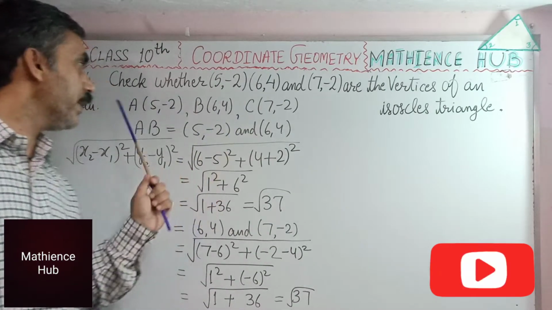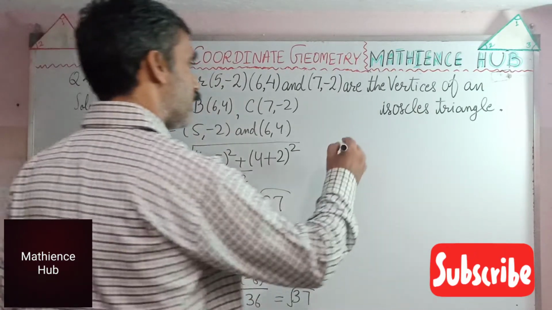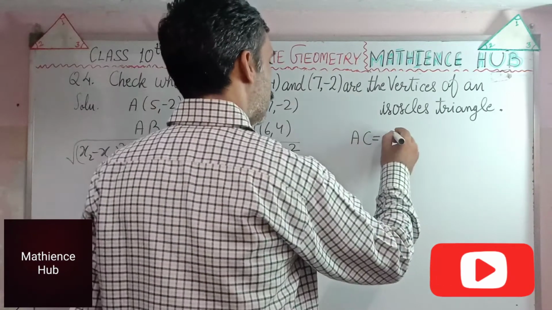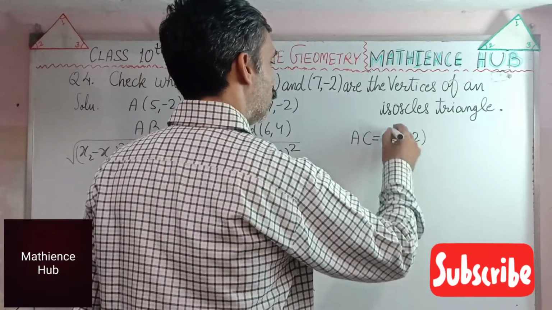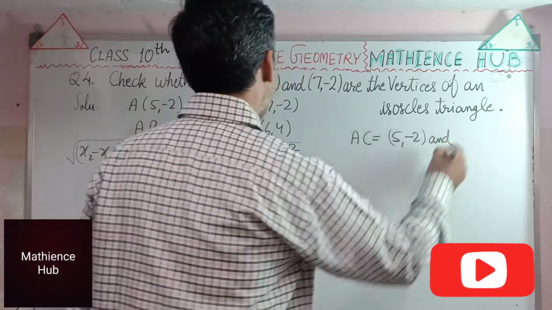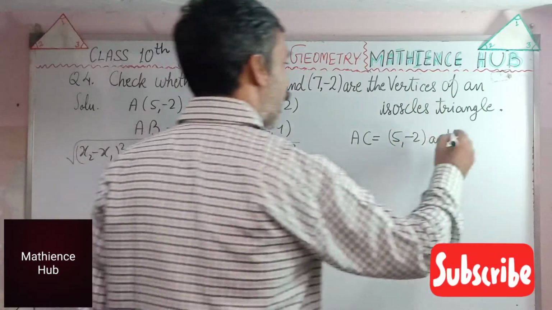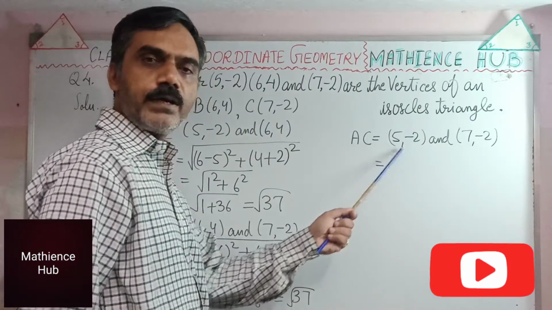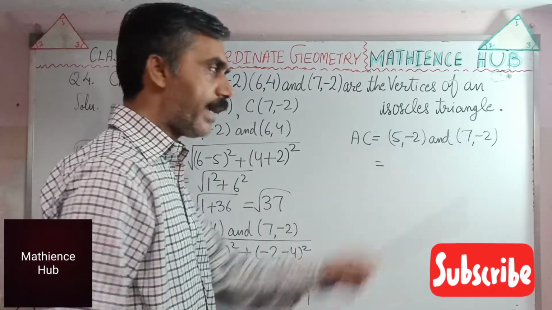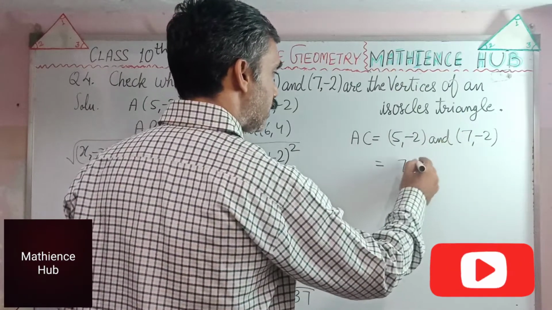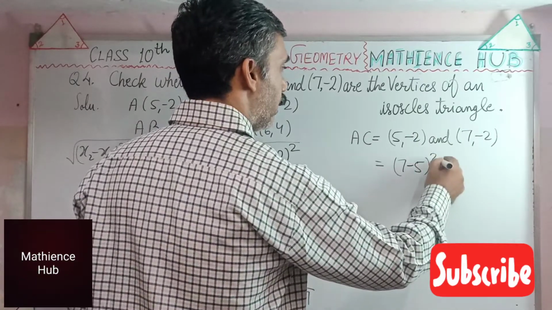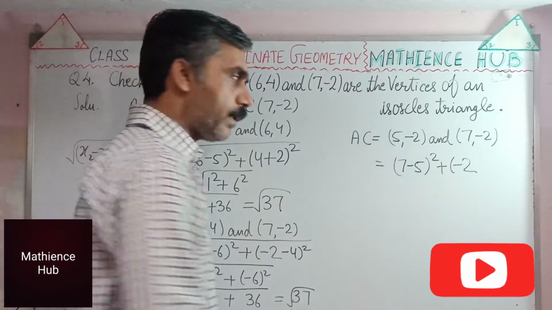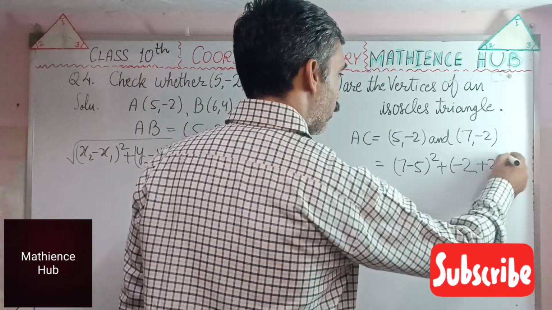Last, the distance between A and C is AC. AC is (5, -2) and C is (7, -2), as x1, y1 and x2, y2. 7 minus 5 square plus (minus 2 minus of minus 2), so minus plus 2, square.